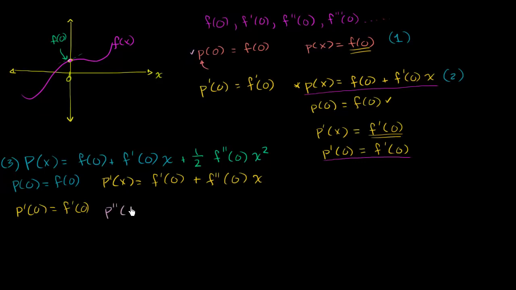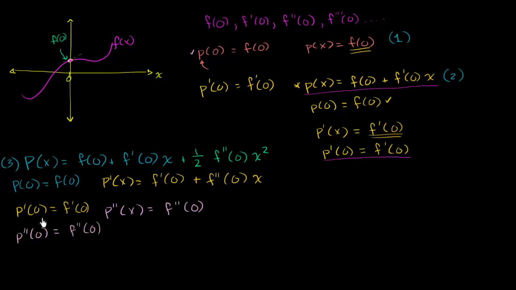So p prime prime of x is equal to, this is a constant, so its derivative is 0. So then you just take the coefficient on the second term, which is f prime prime of 0. So what's the second derivative of p evaluated at 0? Well, it's just going to be this constant value. It's going to be f prime prime of 0.